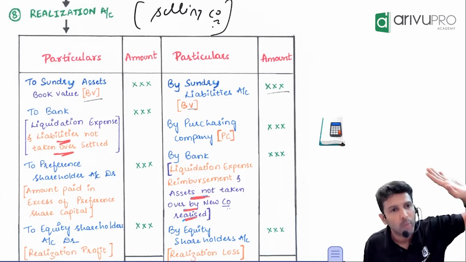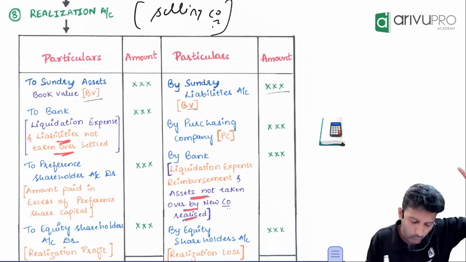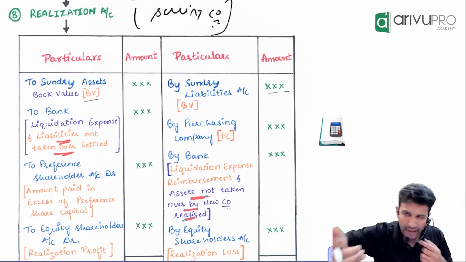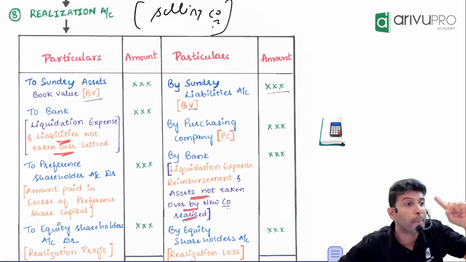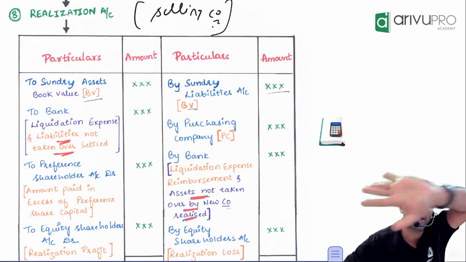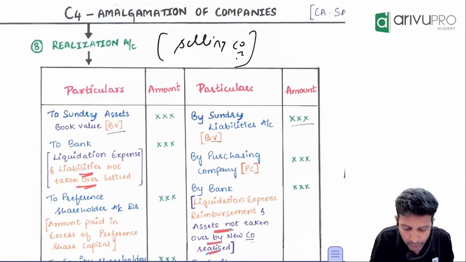Understood? Once more, my confidence is a little low. Tell me once again, what is this adjustment coming on? In my specific example, the selling company has one machinery. Was that machinery taken over by the purchasing company or not? Not taken over, right? Is that machinery's ledger open or already closed?